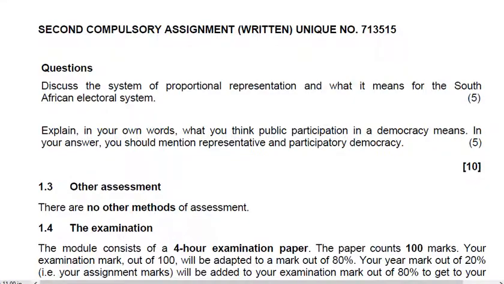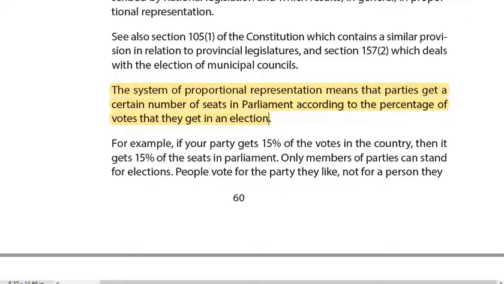I'm still on the first question, guys. It says, discuss the system of proportional representation. Let's go and discuss it. The answer is supposed to be like this, but do not plagiarize, just write it in your own words. But do not lose the gist of what is being said here.